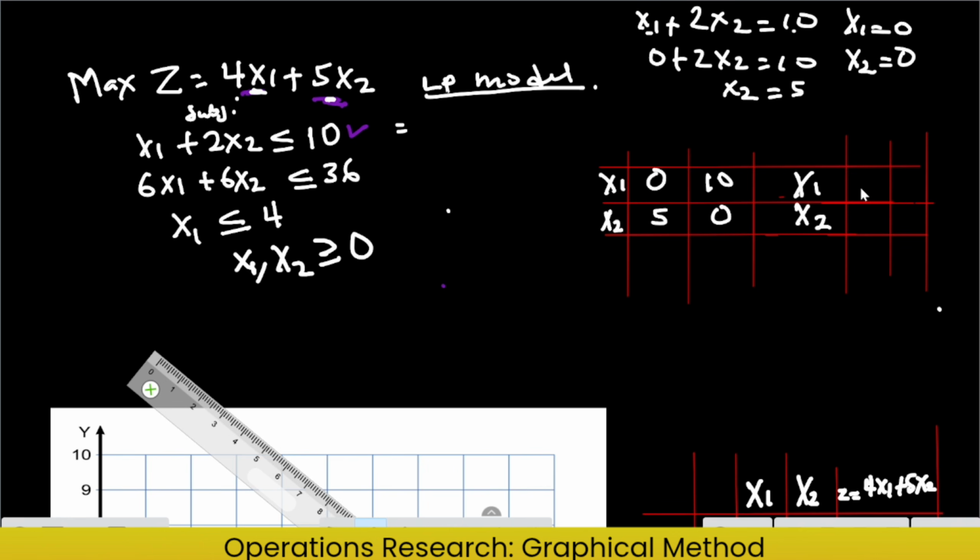Now let's move on to the next constraint, which is 6x1 plus 6x2 equal to 36. We have converted the inequalities into an equal sign.